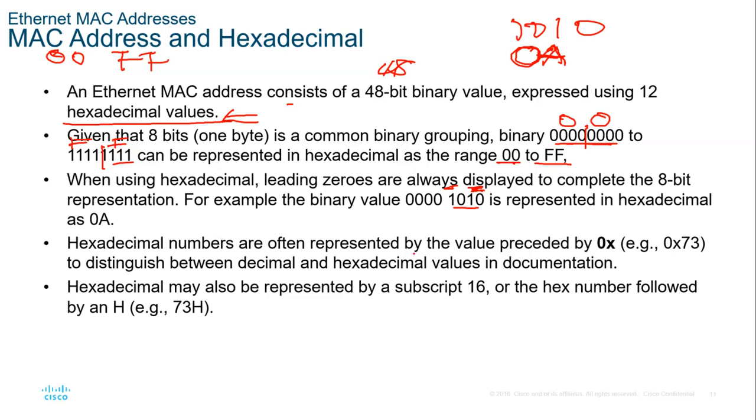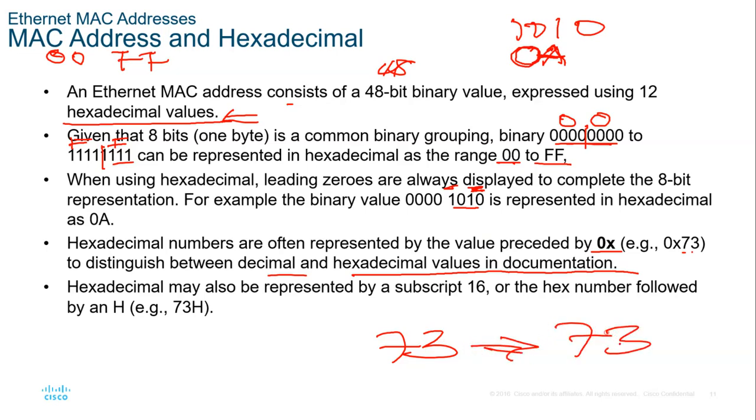Hexadecimal numbers are often represented by a value preceded by 0x, for example 0x73, to distinguish between decimal and hexadecimal values in the documentation. What does this mean? If I write something, I'm dealing with hexadecimal and I have 73 here, someone might interpret this as decimal 73. If I have 100, someone will treat it as 100.